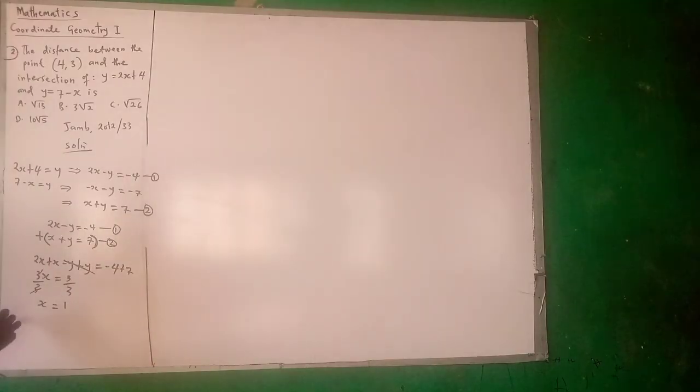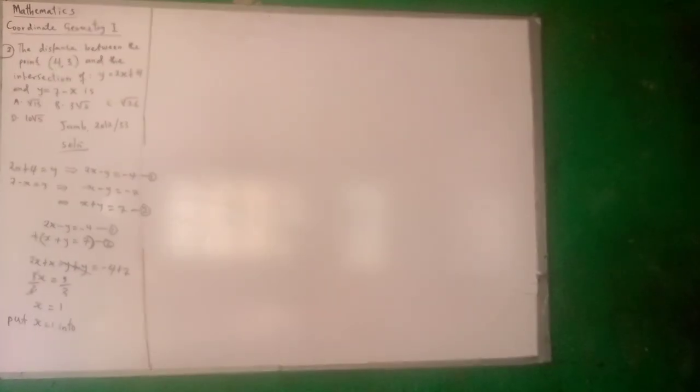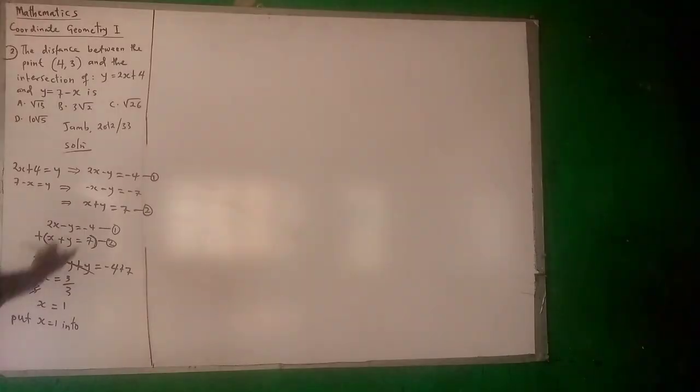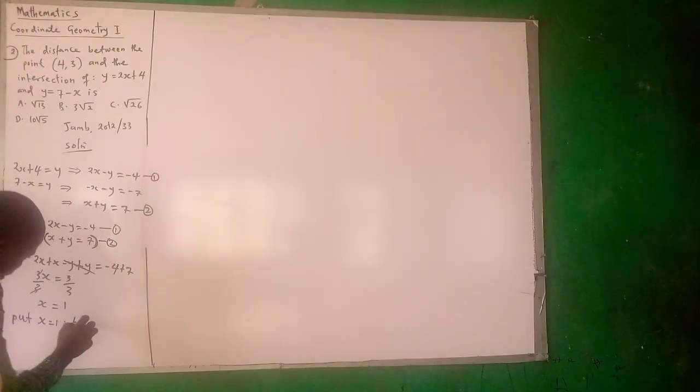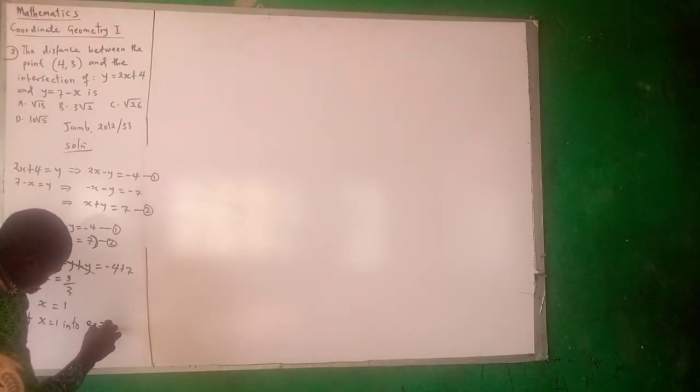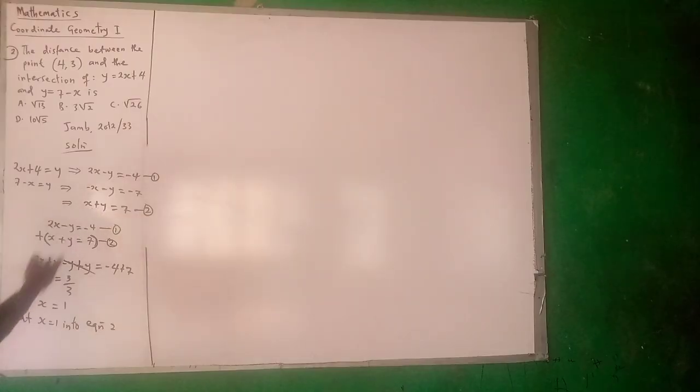Now I'm going to put x equal to 1 into equation 2. And my equation 2 says x plus y equal to 7. Now, I know x to be 1, right?